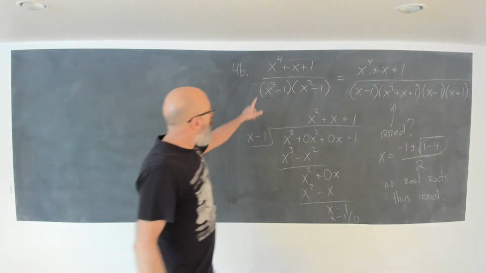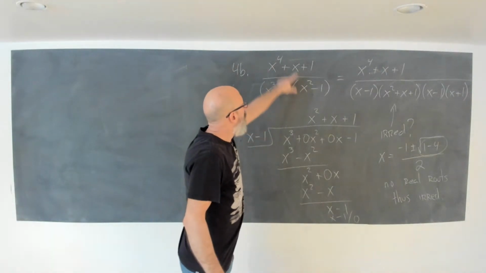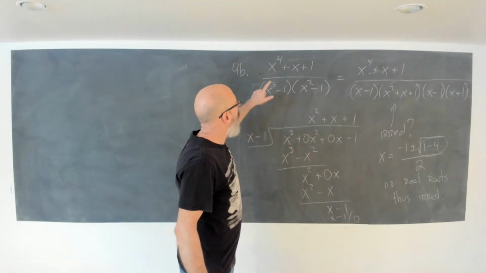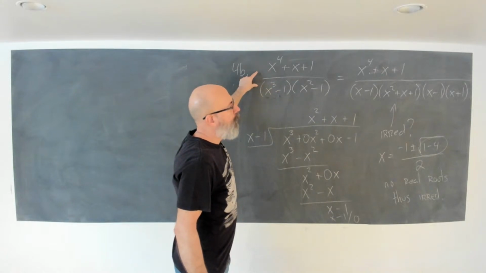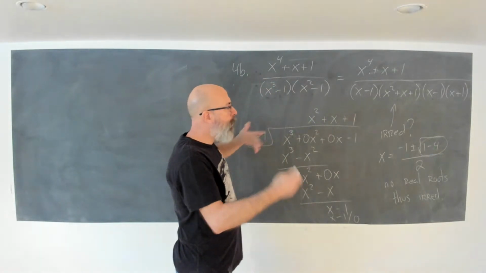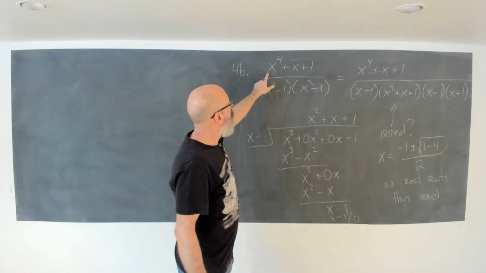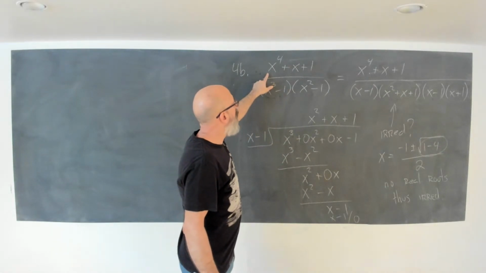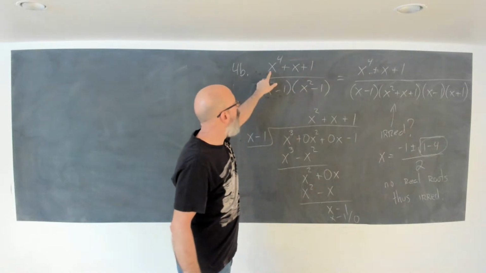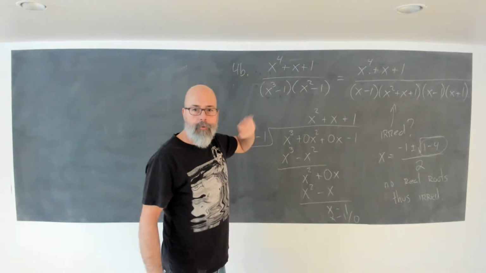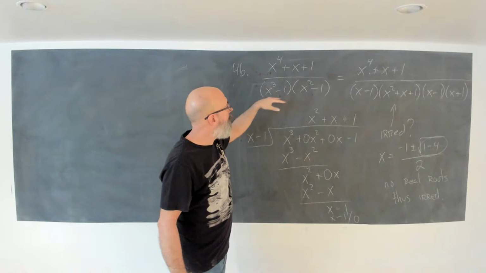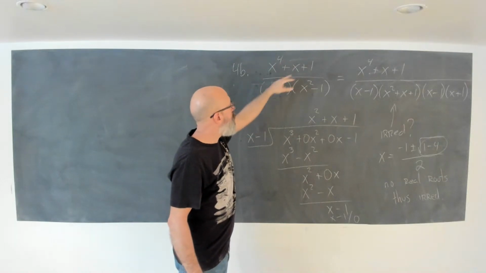Before we continue on, let me point out that originally, we didn't bother with anything yet, but let me ask you this. The first thing we should do is look at the degree of the numerator, which is 4.